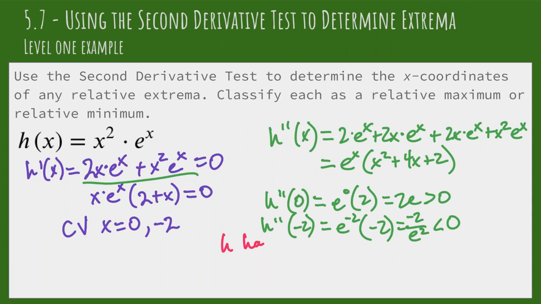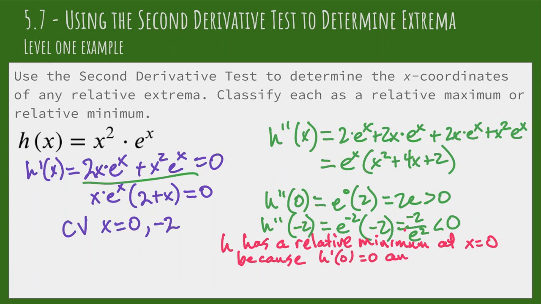So h has a relative, let's do the minimum first, at x equals 0, because h prime of 0 equals 0, and h double prime of 0 is 2e, which is positive.